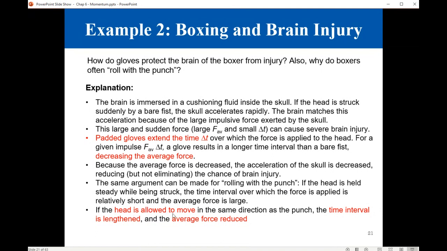But if the head is allowed to move in the same direction as the punch, then the time interval is lengthened, and when you lengthen delta T, you are simply reducing the average force. The harm, remember, the injury occurs because of the average force. So reducing the average force will reduce the injury, or reduce the harm.